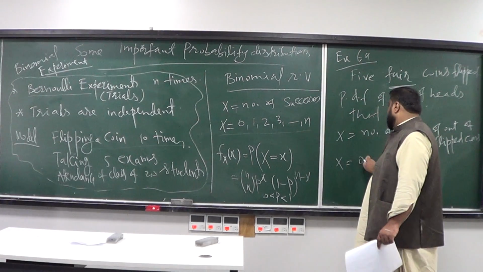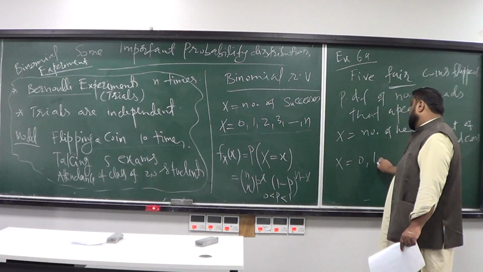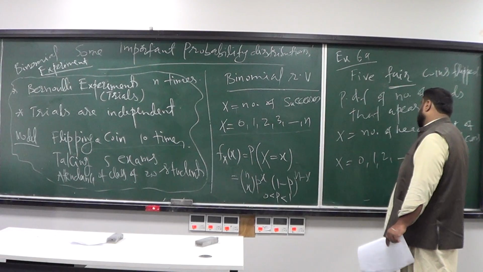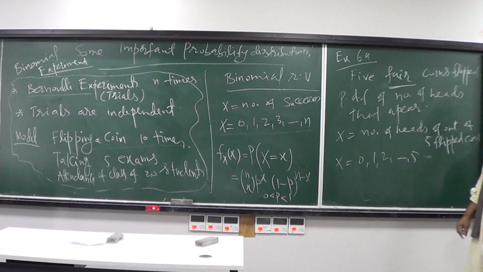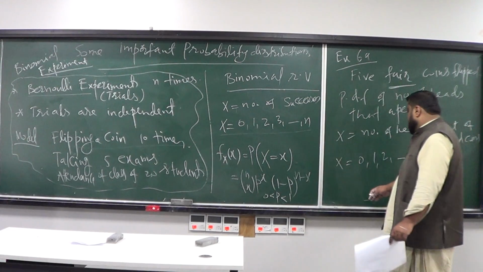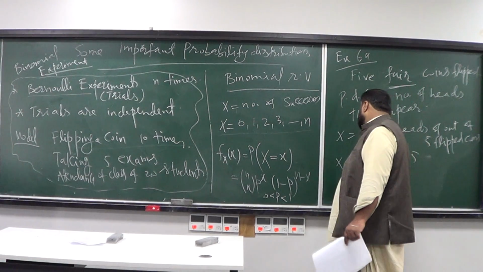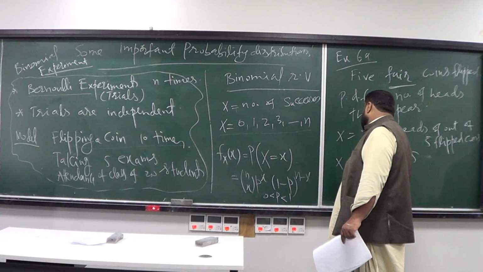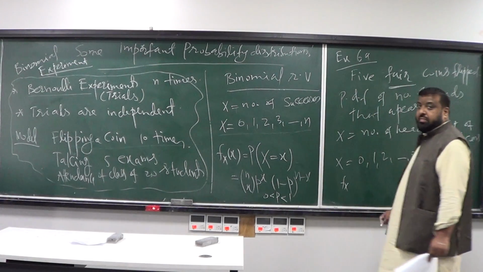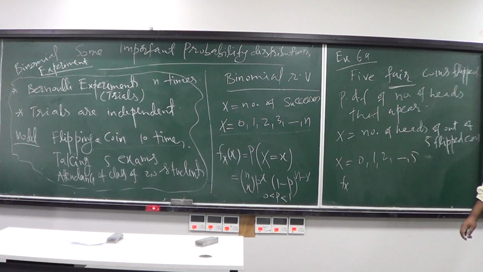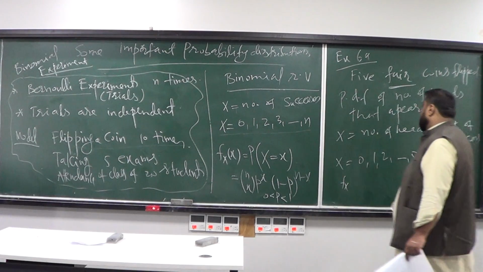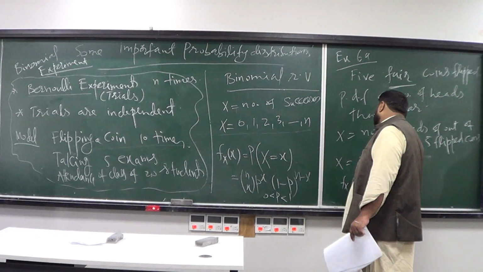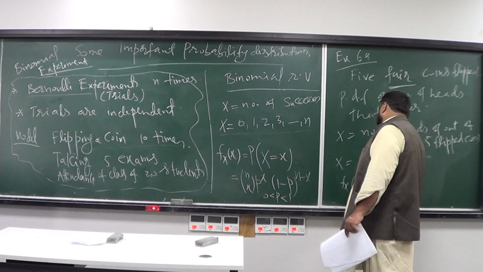It can take 0, in other words no head occurs, 1, 2, up to 5, so it can take 6 outcomes. If I say that fx is the PDF of the random variable x, then fx of, say, 0 would be what?